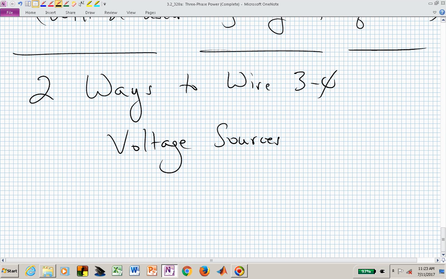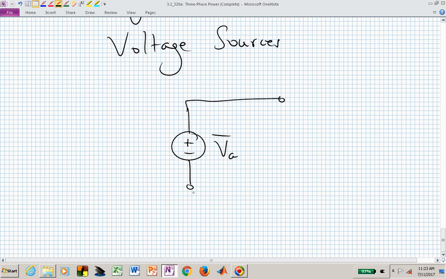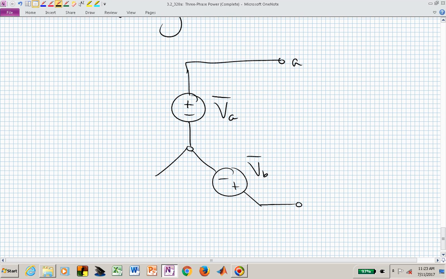And what does that look like? Well, we have one configuration. Let's say this is our A phase, and we now have a B phase, and we also have a C phase.